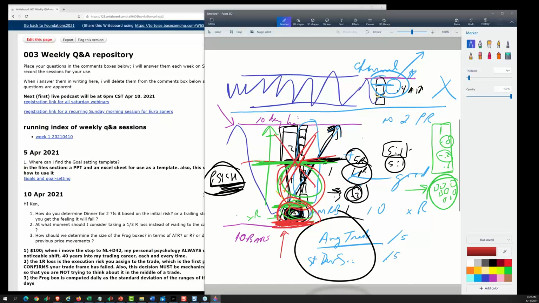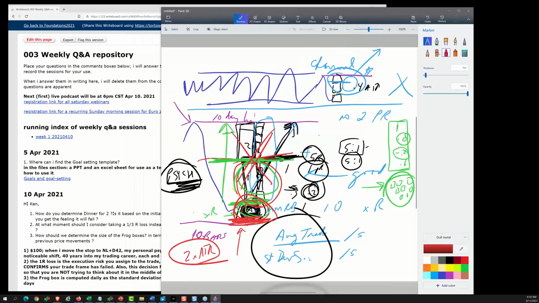So a lot of guys will just say, well, I'm going to take a 2 ATR loss on a swing trade just because that's what I've decided to use for position sizing, but not even taking a look at what the price pattern was. So let me show you that as an example.